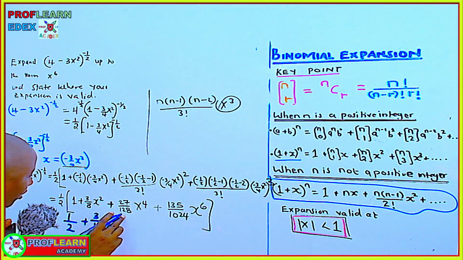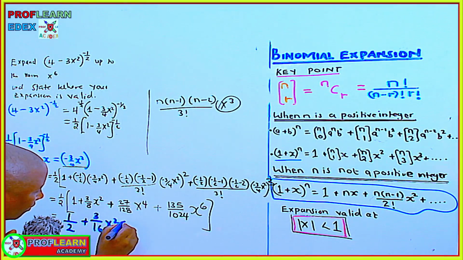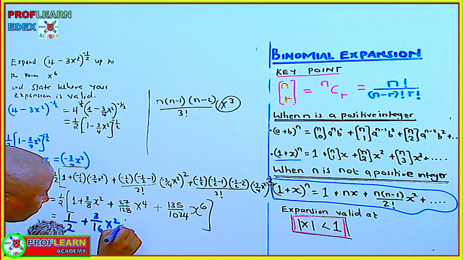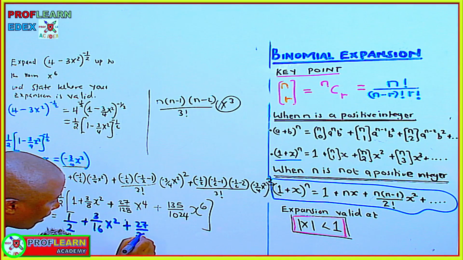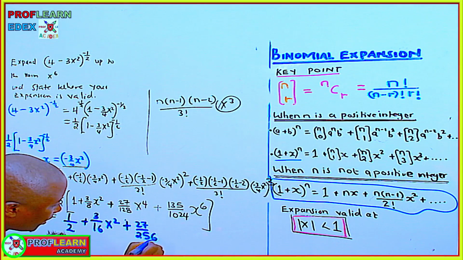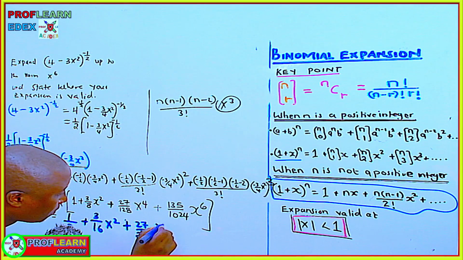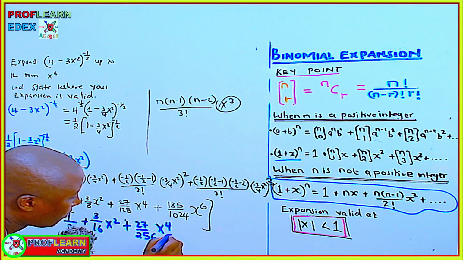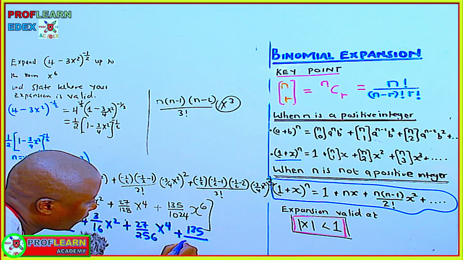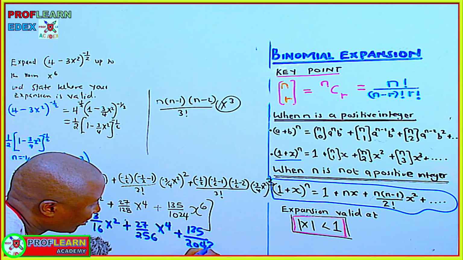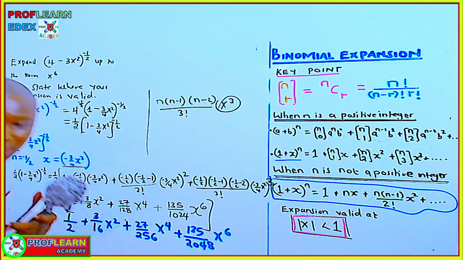This one is going to be what? Plus 27 over 256 x power 4, then plus 135 over 2048 x power 6.